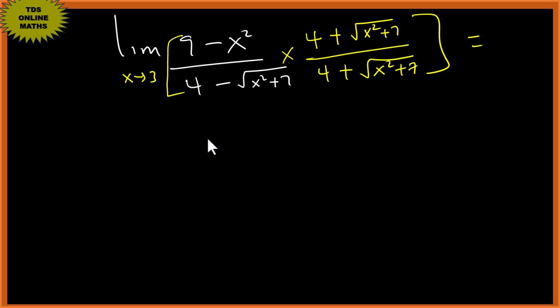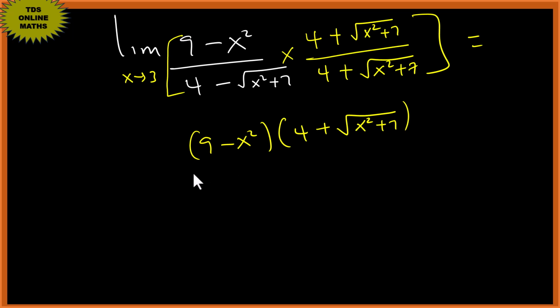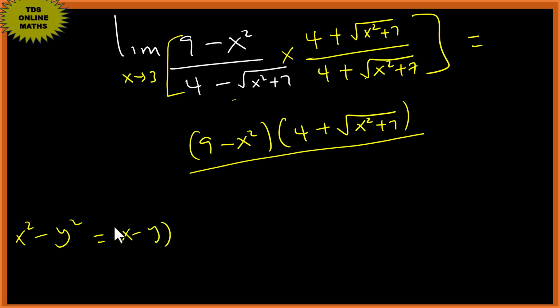Okay, all right, so we have the numerator as 9 minus x squared, 4 plus the square root of x squared plus 7. Don't be in a hurry to expand the numerator because it will by all means cancel out, so don't expand the numerator. The numerator here is a difference of 2 squares. It's like saying x squared minus y squared, same as x minus y, x plus y.